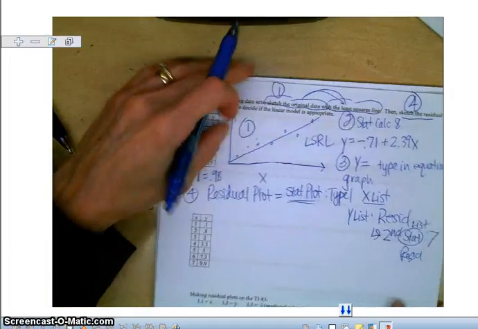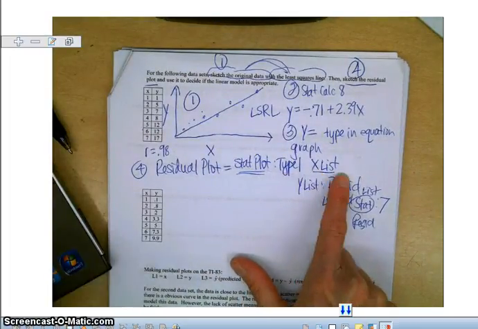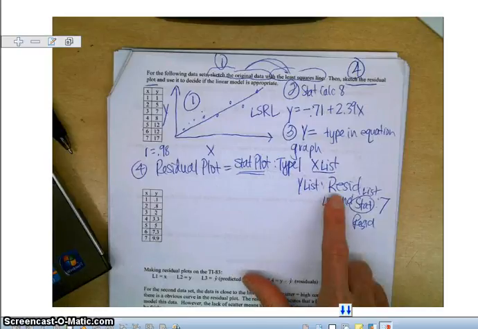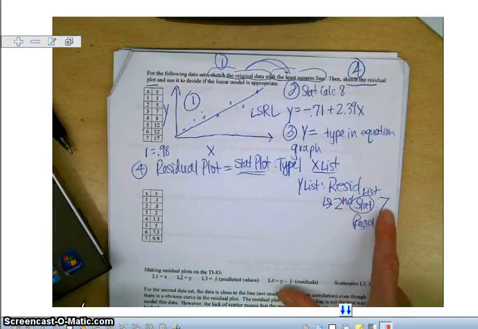So to get the residual plot, I hit stat plot, type 1, X list is wherever your X's are. The Y list is the residual. To get that, you hit second stat 7.